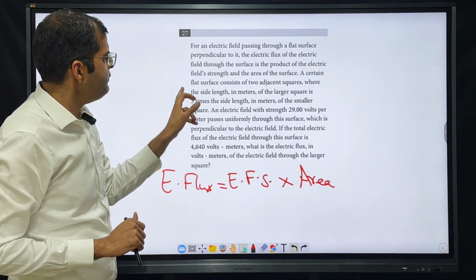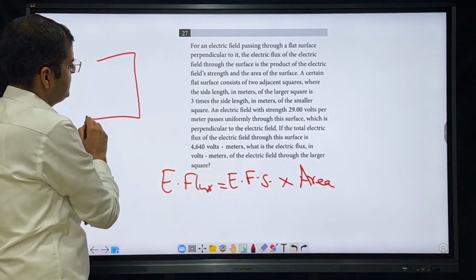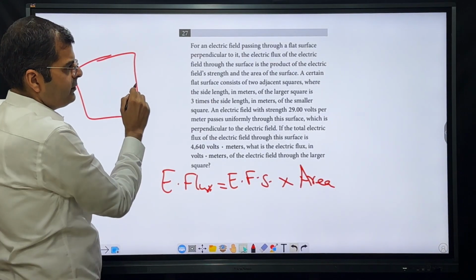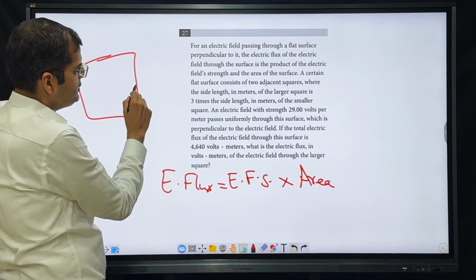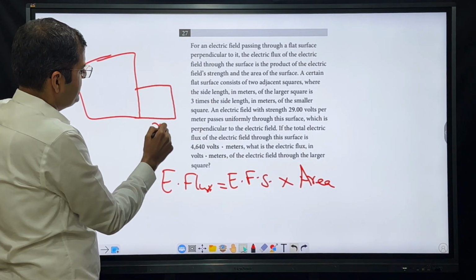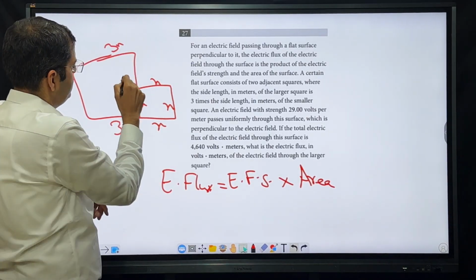Right, it says a certain flat surface consists of two adjacent squares, where the larger square is 3 times the side length in meters of the smaller square. Okay, so if the smaller is x, x, the larger is 3x, 3x.